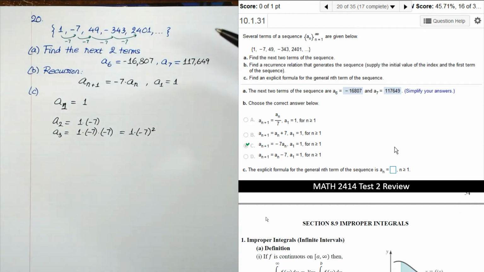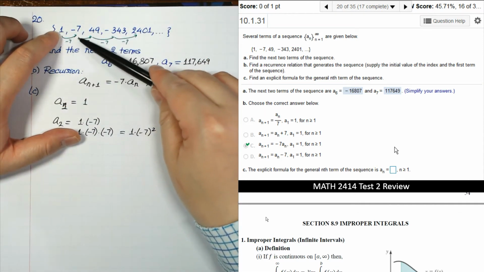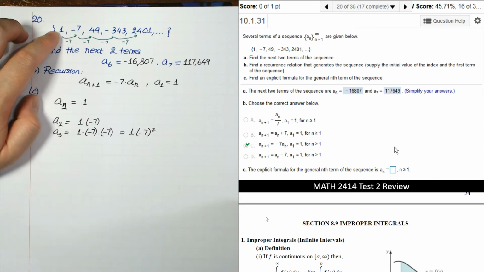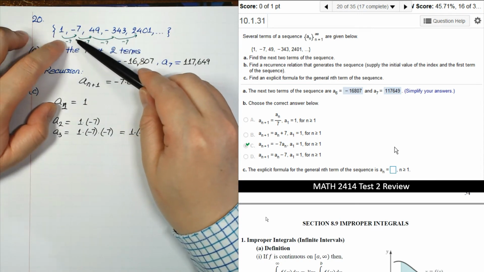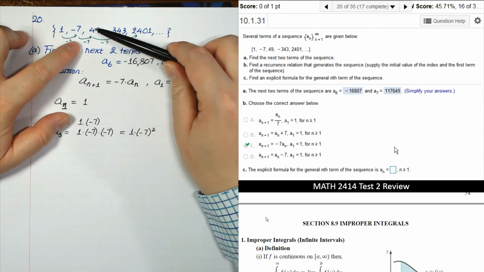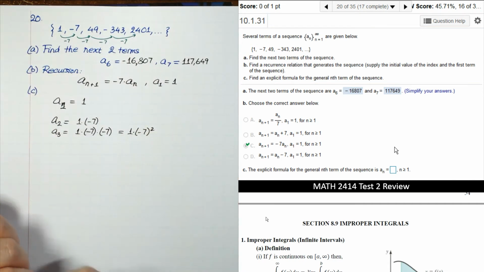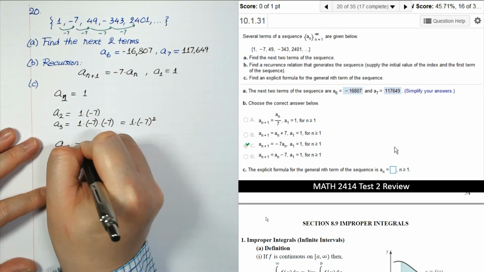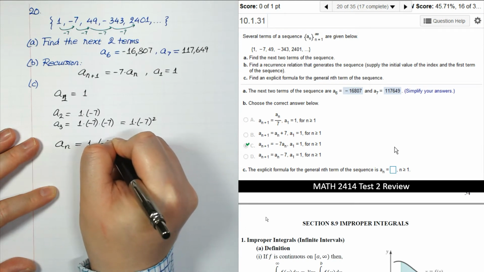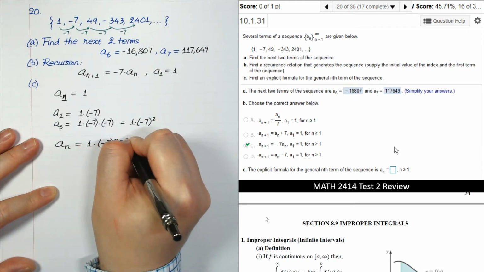Bottom line is we see the pattern. We just keep multiplying by -7. To get to the second term, we need 1 of the -7. To get to the third term, we need 2. So in order to go to the nth term, we're going to need -7 to the n minus 1.